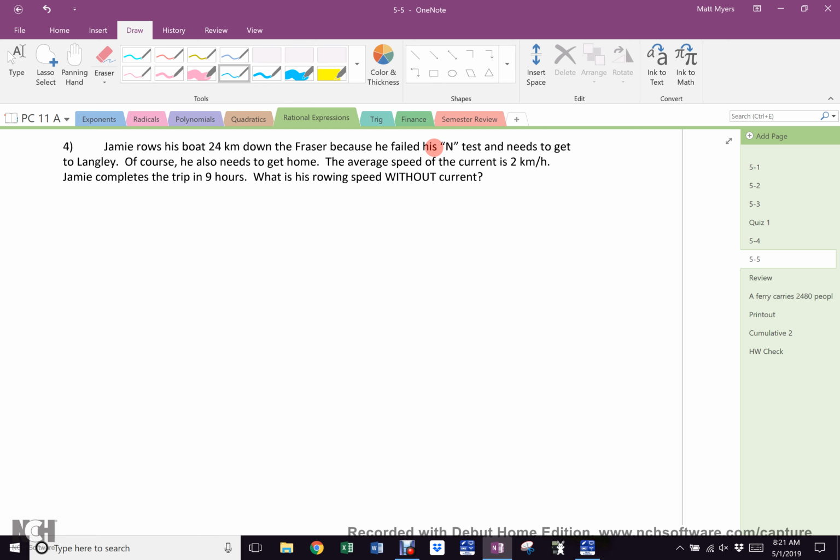Excellent. And in physics, or in life, we know that speed, or in physics we say velocity, equals what? Distance over time. Right? Kilometers per hour. Kilometers over hour. KMH. That's why it's your speed.